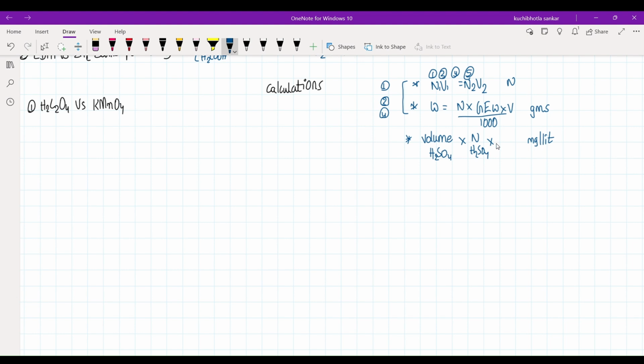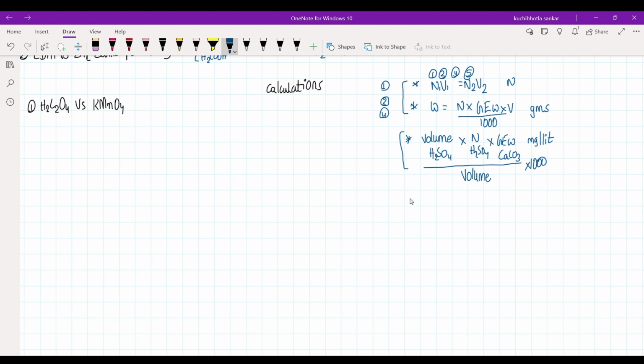The normality of H2SO4 is given to us in the question as 0.02 or 0.01 something, and the gram equivalent weight of CaCO3, because we are calculating the amount of CaCO3 present. The gram equivalent weight is 50, by the way, and the volume of water sample into 1000. This is a slightly different formula that we use only for the third experiment.